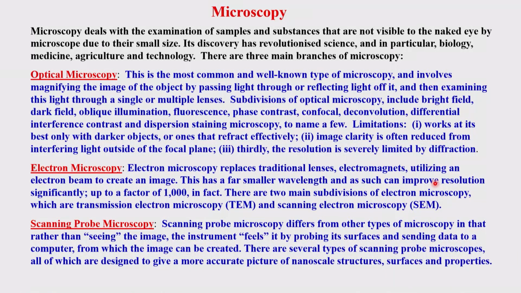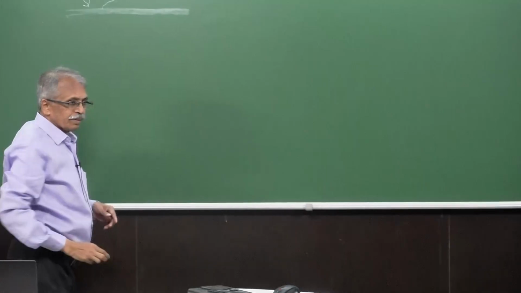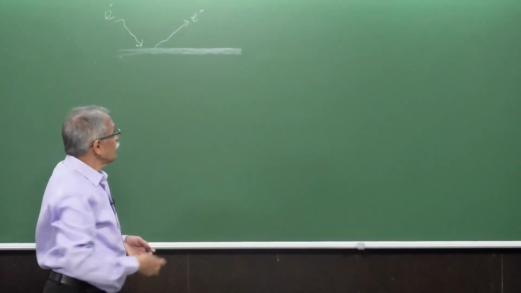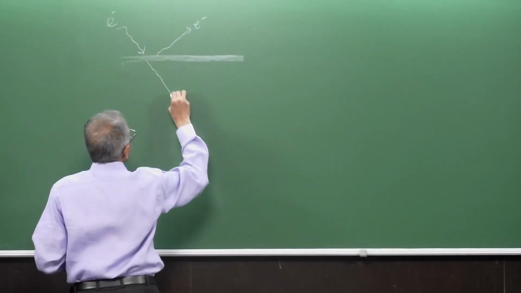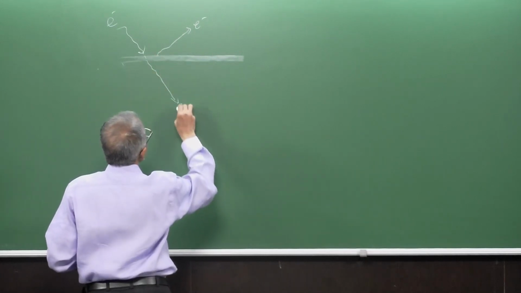Now, when electrons impinge, one possibility is that they reflect from the surface itself, and the other is that they pass through and come out. One is transmission, when they pass through and then come out. If you have a compound, a molecule, or a layer and you send electrons in, the electrons can get reflected or scattered with very little going inside, or they can pass through and come out the other side as well.